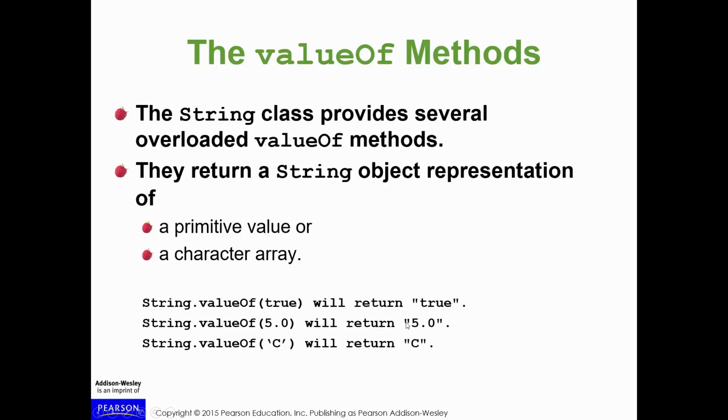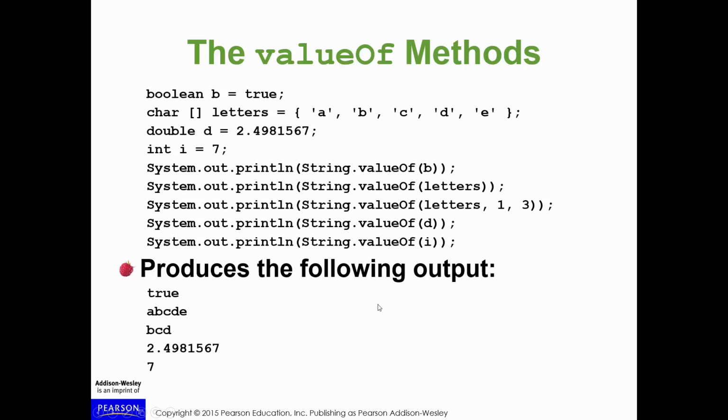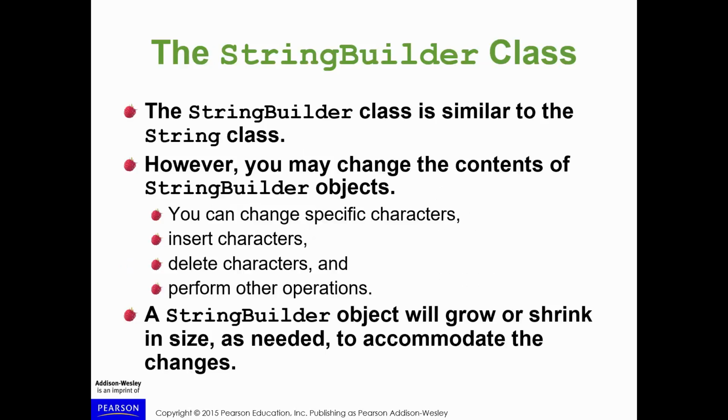This has a numeric value. This does not. This has a Boolean value. This does not. This is an actual character. This is not. None of these are characters. They're all strings because they're all in double quotes. And you can see there's an example program here. All right, I mentioned earlier the StringBuilder class.